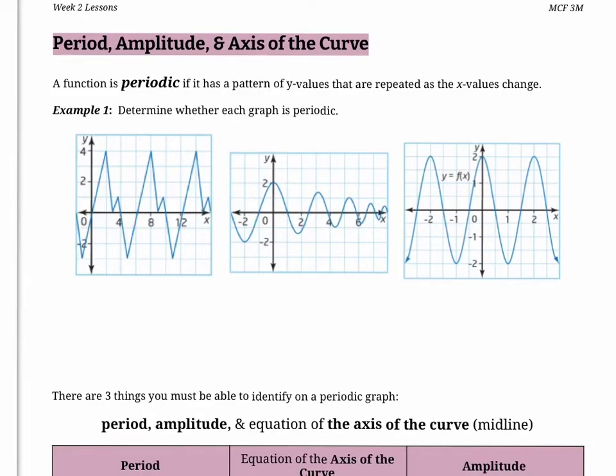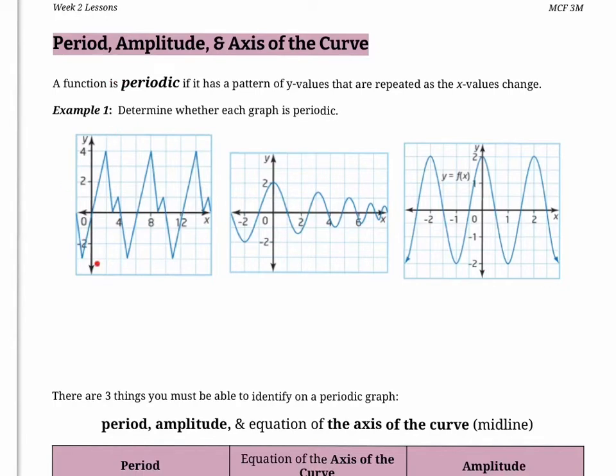So here's that definition one more time if you need it. A function is periodic if it has a pattern of y values that are repeated over and over and over again as the x values change. So take a look at these 3 graphs. Which ones are periodic? So let's take a look at the first guy here.